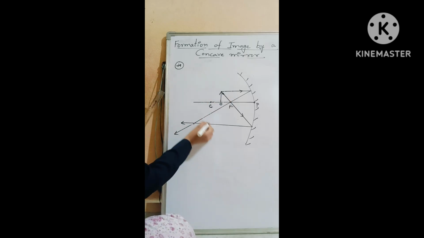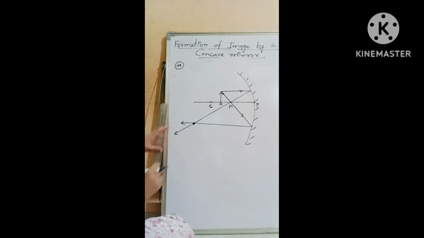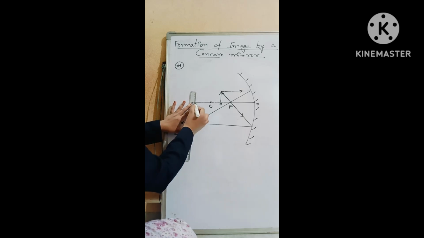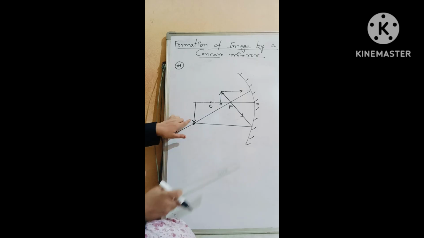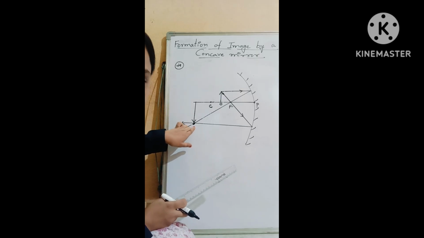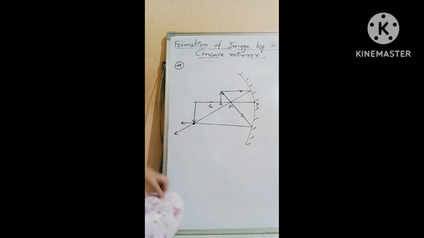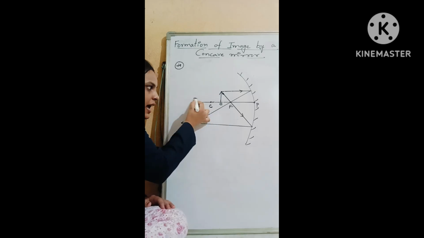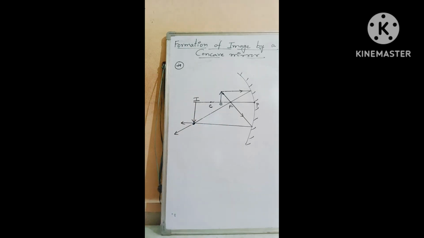Now you can see these 2 reflected rays are meeting at this point. So at this point, you have to draw one vertical line and you have to give the arrow mark at that particular point of intersection. Now you can see this is the object and this is the image.